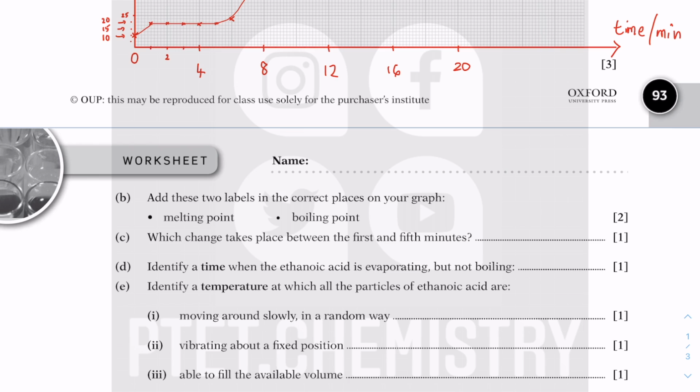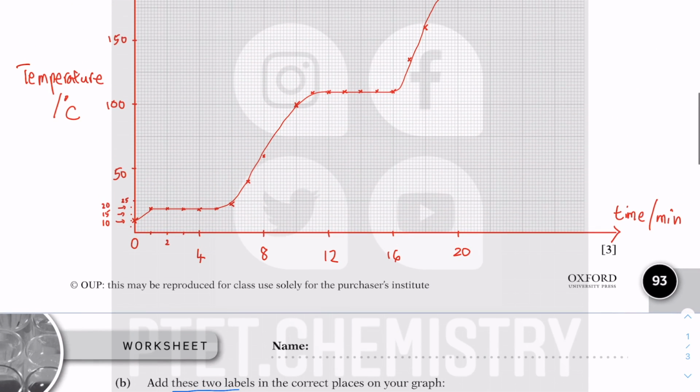Add these two labels in the correct places on your graph: melting and boiling. Melting is solid to liquid, boiling is liquid to gas. So we know that that is the melting point because that is the first temperature where it remains constant, and then this will be the boiling point.